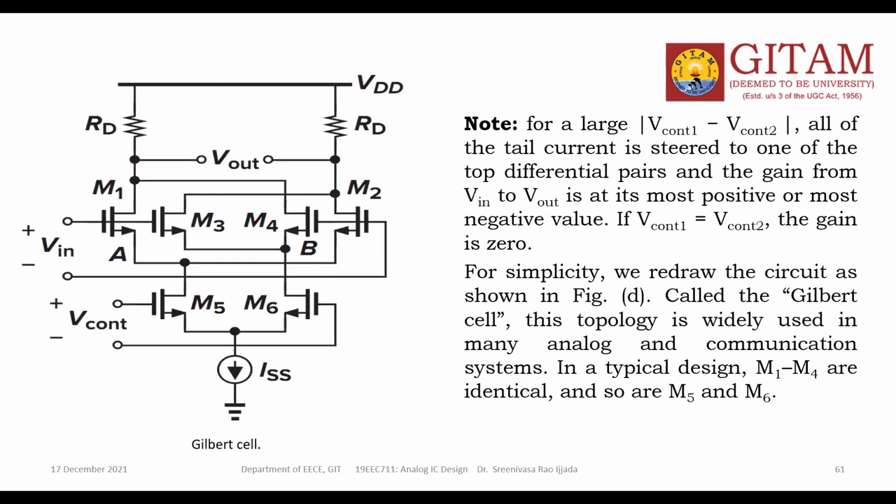If you see, these are the two differential pairs. Am I correct? They are stacked on the top of this one. This is the control differential pair, which is also a differential pair, of course. So two differential pair circuits or amplifiers.